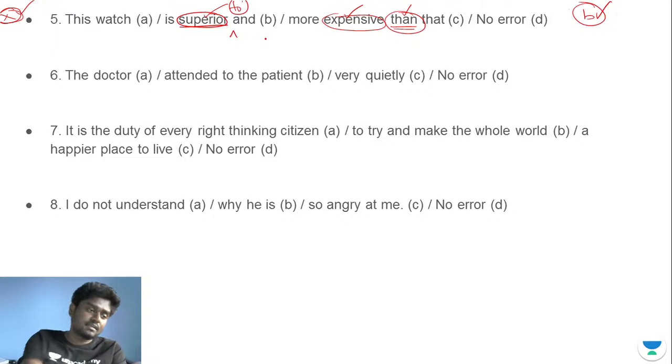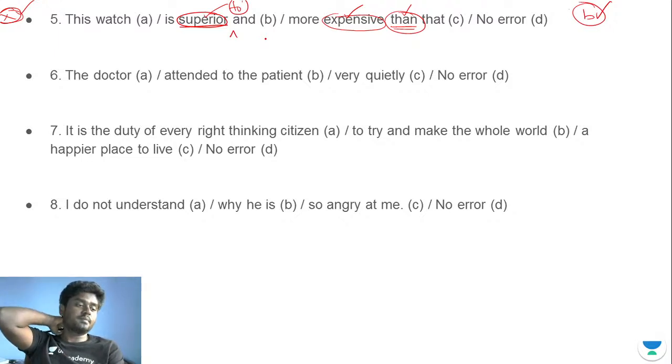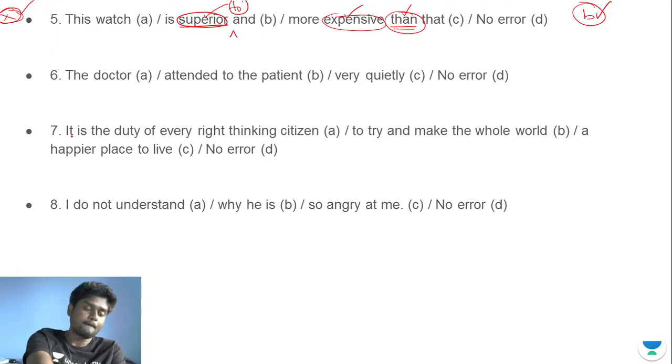We'll go for the next. Come on. Try to find the error in the sixth one. What will be the exact error for the sixth question? Quickly. So the doctor attended to the patient very quietly.